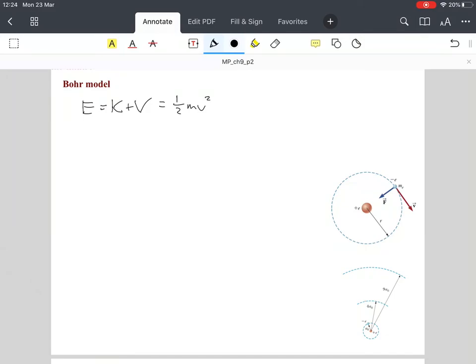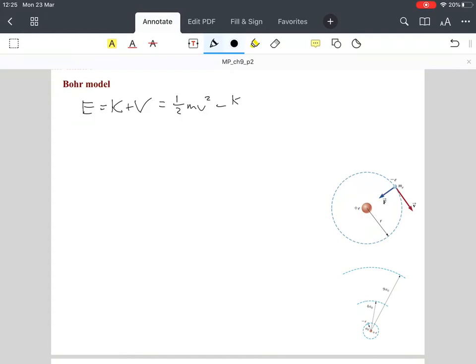m is the mass of the electron, and we have the potential energy, which is the Coulomb electrostatic potential, and that is negative because we've got this negatively charged electron and positively charged proton.